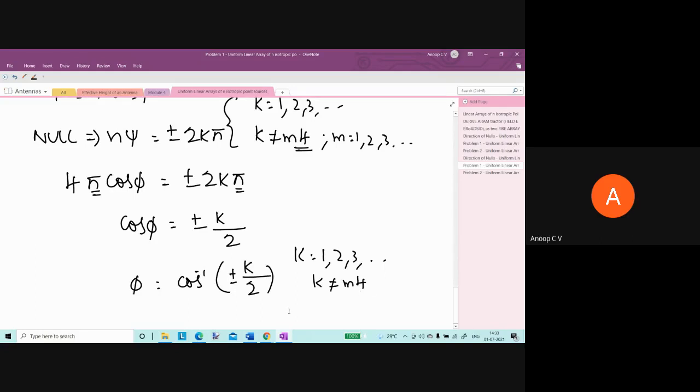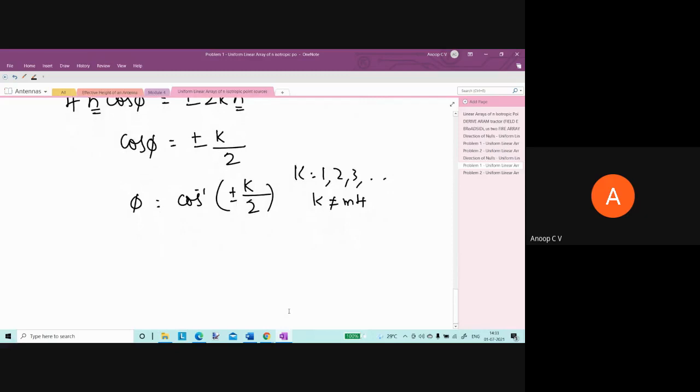So first what we'll do is we'll find out phi for k equal to 1. Phi is equal to cos inverse of plus or minus 1 by 2, right? So what is cos inverse of plus or minus 1 by 2? Can anyone tell me?